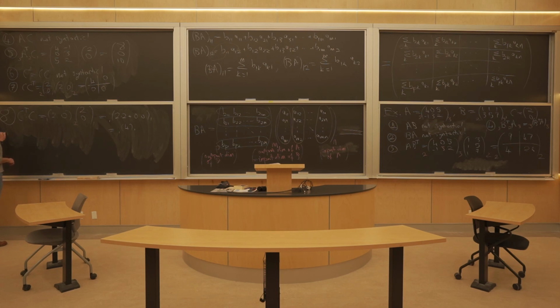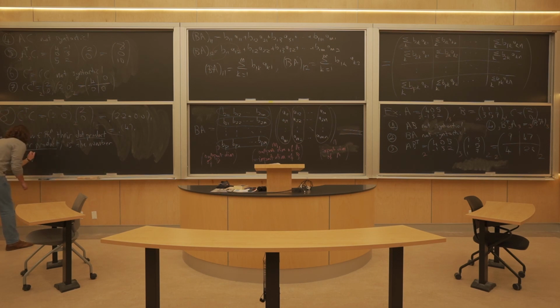Let me write it like this. For V and W in Rn, their dot product or inner product is the number, that is to say, the 1 by 1 matrix, obtained this way.